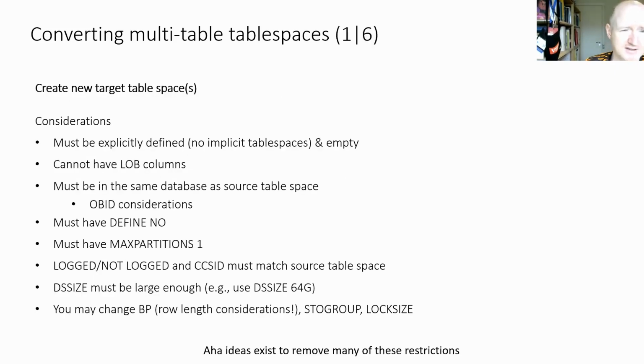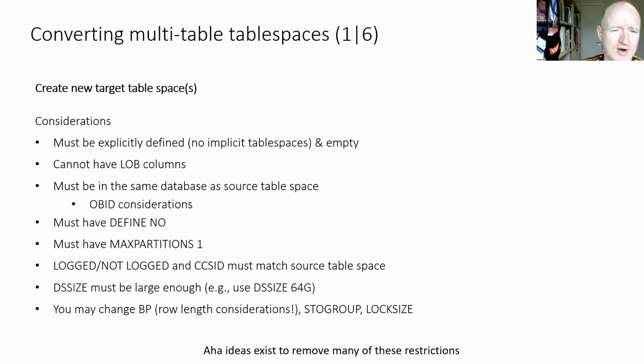The first step is to create the target table spaces. Some considerations. The table space must be explicitly defined, so there's no support for implicit table spaces. Also, the table space must be empty because we are going to move a table into it, and there can only be one table in a universal table space.